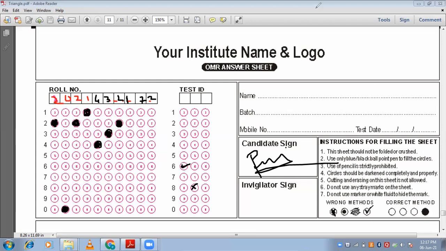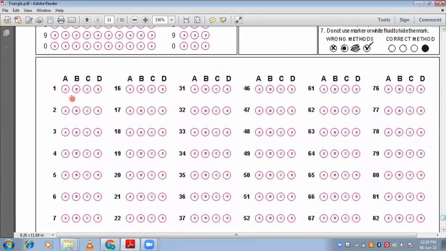So next, here after that, for first question, A, B, C, D. 4 options are there. For example, for first question, option A is correct. If option A is correct, then you need to shade only circle A. You need to shade only this circle.